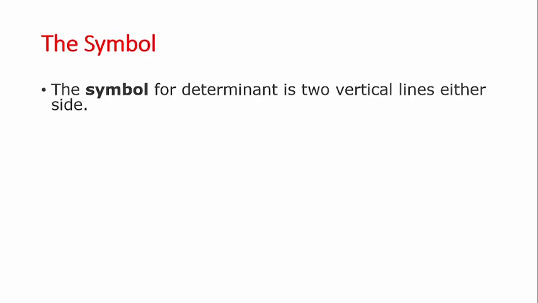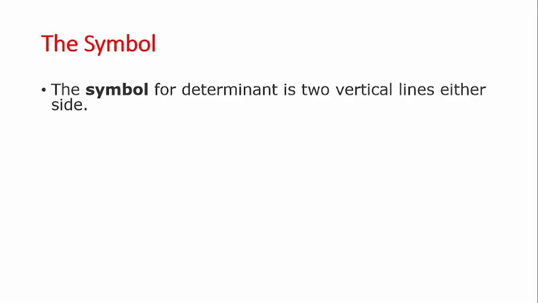So the symbol, right? You know that in order to represent the transpose, the inverse, the conjugate matrix, we have learned different symbols. If there's a matrix called A, how to represent A inverse? What is the symbol for A inverse? What is the symbol for A transpose?